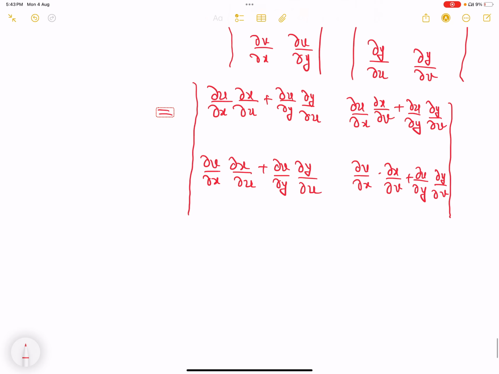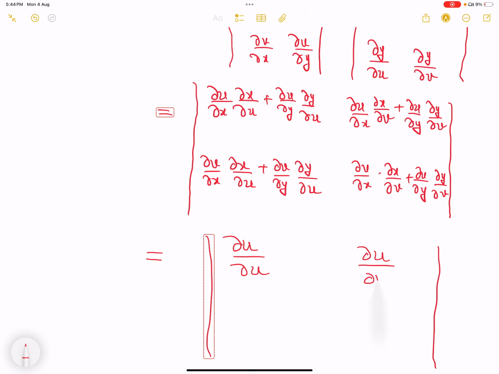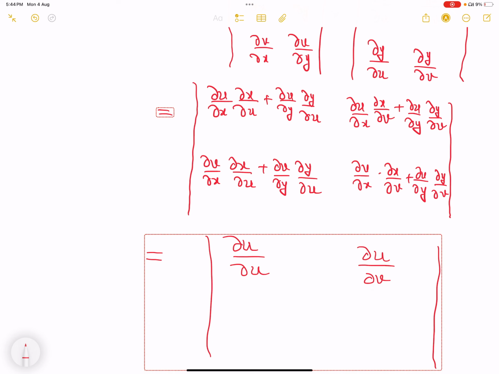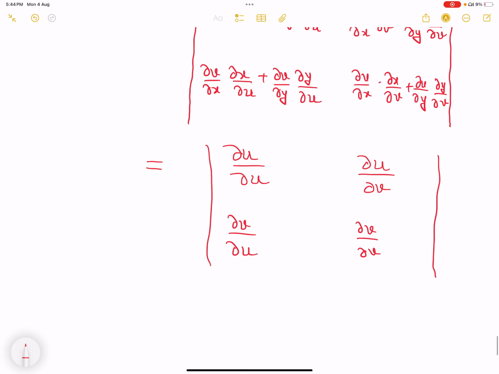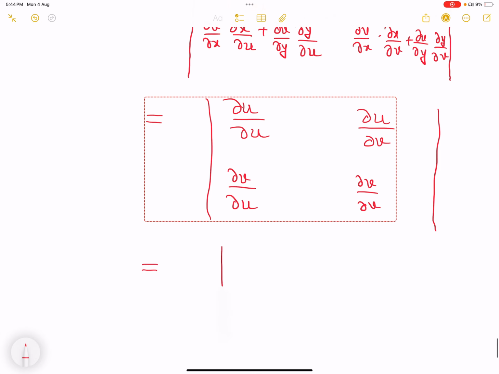So now what is this? By chain rule, this is del u upon del u, this is del u upon del v, this is del v upon del u, and this is del v upon del v. Now I am taking the partial derivative of u with respect to u, that is one.